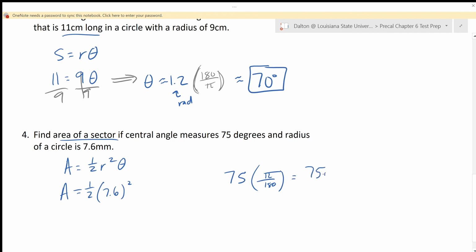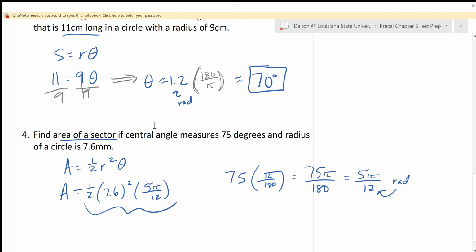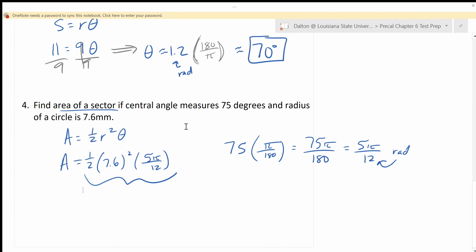And then if you wanted, you could get a decimal. But if you get the decimal, you need to leave that decimal in your calculator for as long as possible. My other recommendation is to just simplify this, right? 5 pi over 12. Now that this is in radians, I can come over to my formula and put 5 pi over 12, and then put this whole thing in my calculator and get the area of a sector.